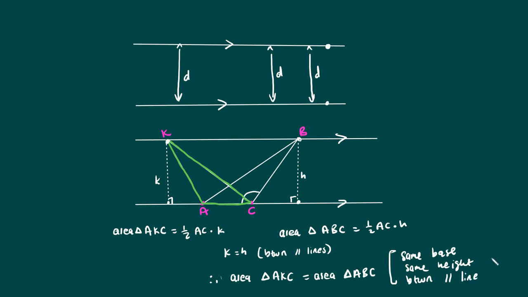So if triangles have the same base and the same height, that means their areas must also be the same. So the area of triangle ABC, meaning the whole area here, is going to be equal to the whole area here, because those triangles have the same base, same height, and are between parallel lines. Right, I hope that we understood that.